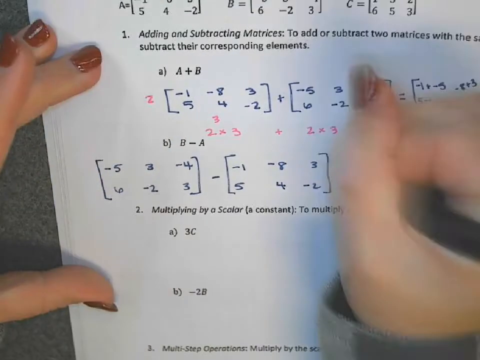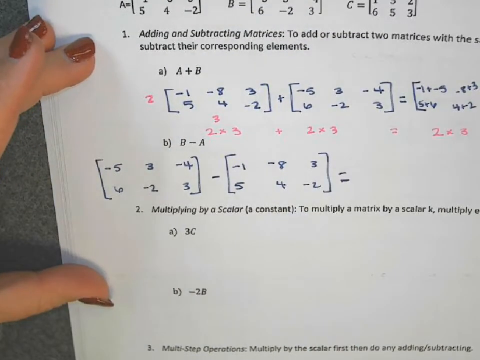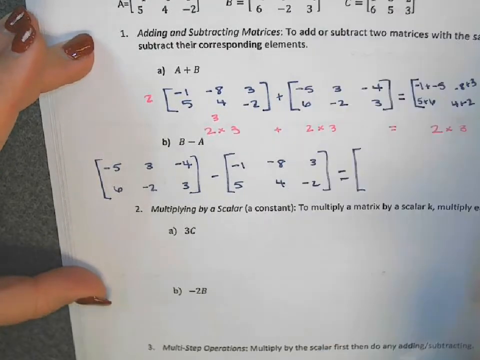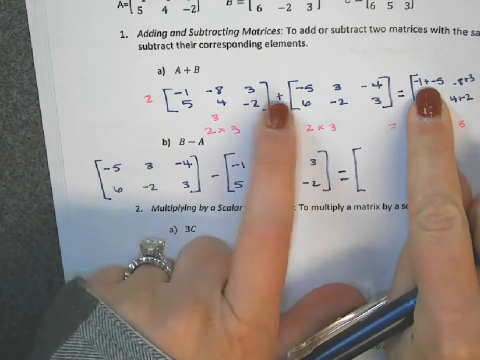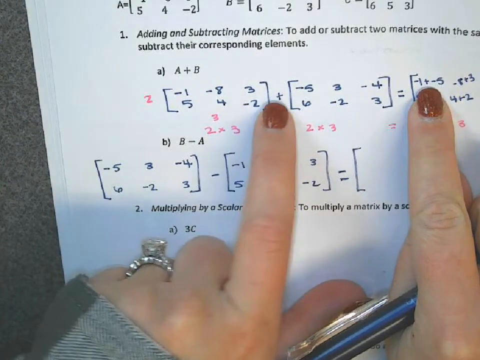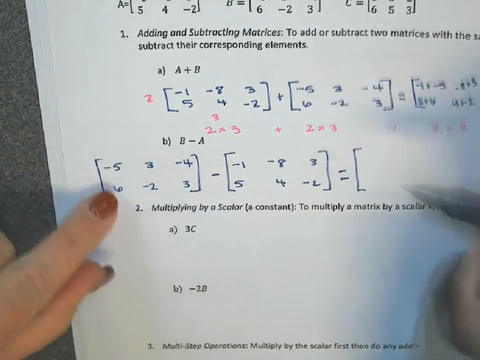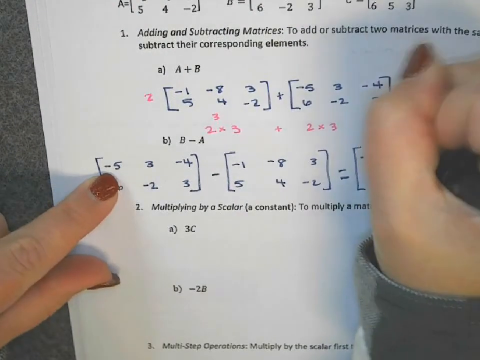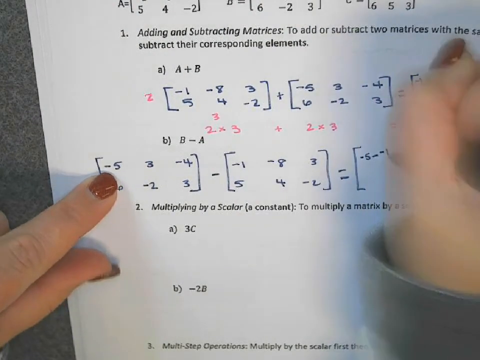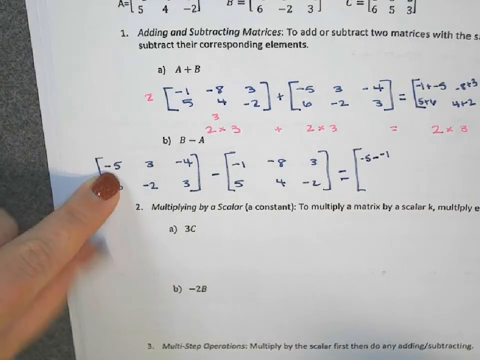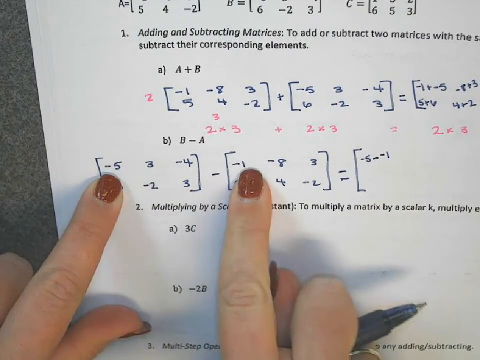You should always write that out because you want to make sure you're looking at it. Then we'll write our work box. Last time we were adding because it was an addition sign, but now we have a subtraction sign. So in this first box, we're going to have negative 5 minus negative 1.